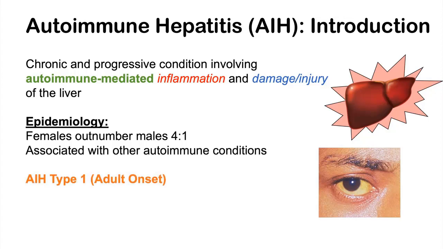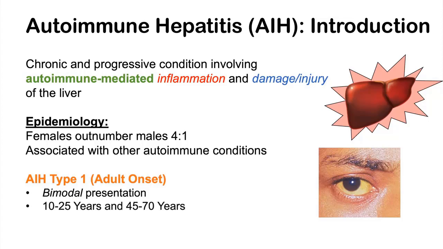Autoimmune hepatitis is classified into two. We have the type 1 and the type 2. The type 1 is adult onset, common in adults, while the type 2 is more rampant with juveniles. That's why they also call it juvenile hepatitis. Type 1 is a bimodal presentation, that is, it occurs in two stages in one's lifetime.